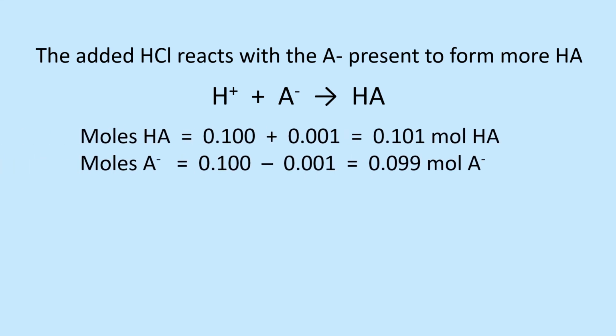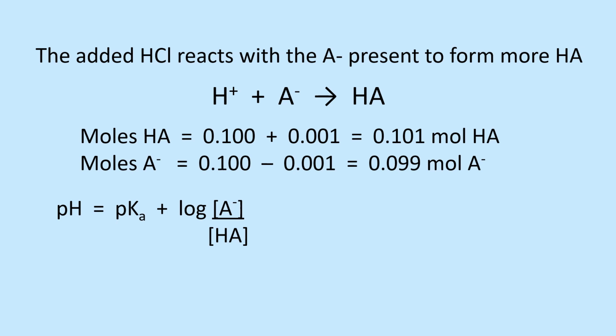So your moles of HA are going to go up a little. We started out with 0.100 moles of HA in our buffer, and we're adding 0.001 moles from the HCl. So now we have 0.101 moles of HA. Similarly, we've used up a little bit of our A minus. The moles of A minus go from our original 0.100 moles down by 0.001. Now we only have 0.099 moles of A minus left.